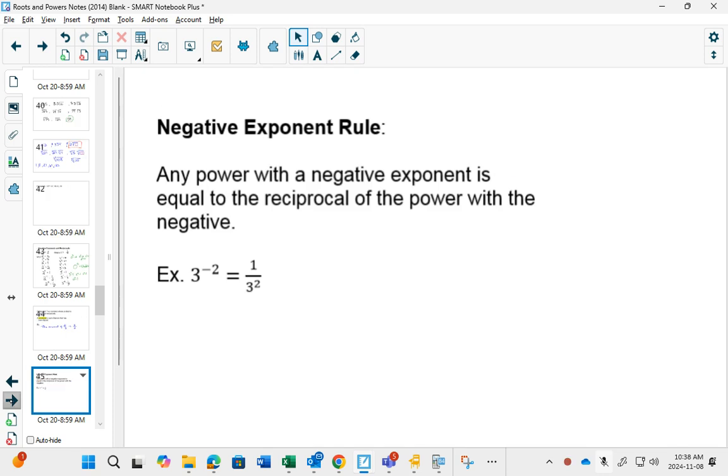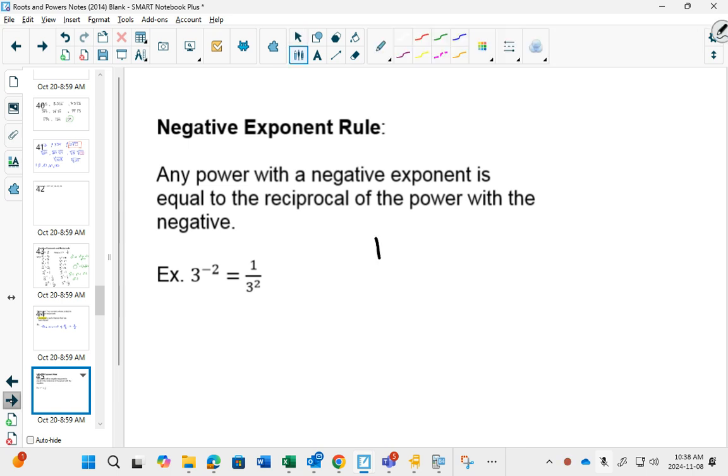And that's sort of what happens with negative exponents. Any power with a negative exponent is equal to the reciprocal of the power with the negative. So if you had 3 to the negative 2, you flip that fraction, but change the exponent to positive.